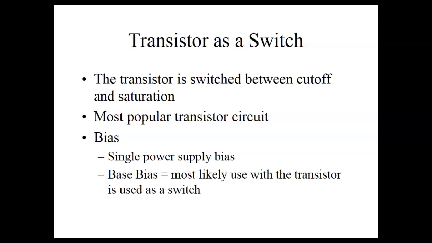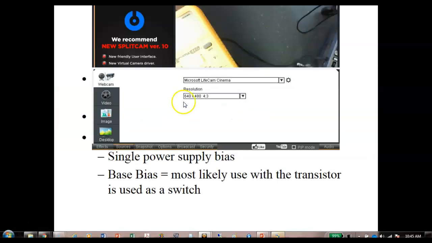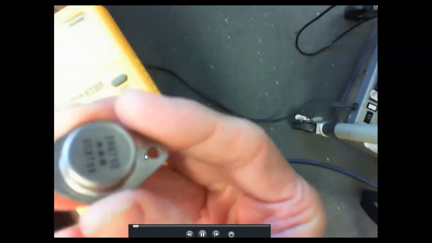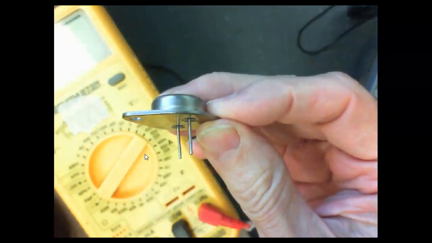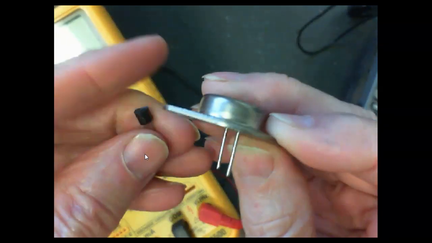What determines the size of a water valve is how much flow it's trying to control. What determines the size of a transistor is how much current flow it's trying to control. Look at these different transistors. I know for a fact that this one can control a lot more current flow than this one right here.